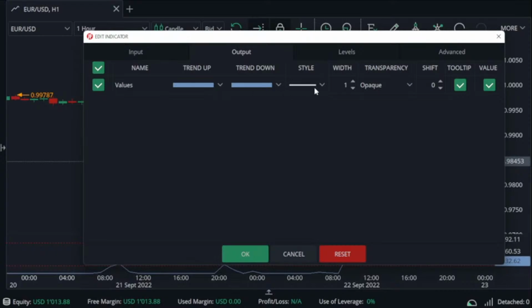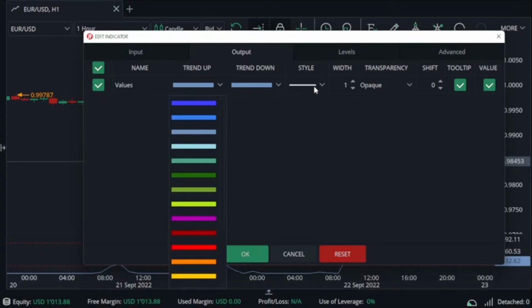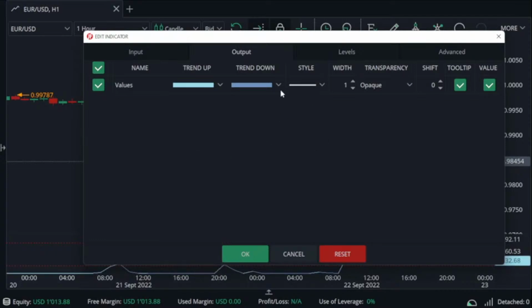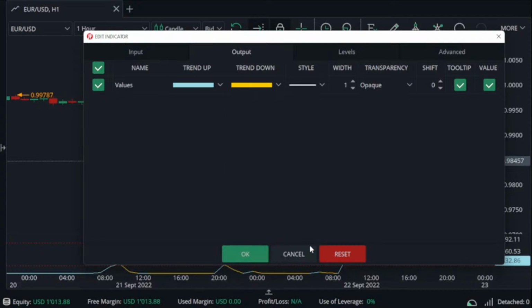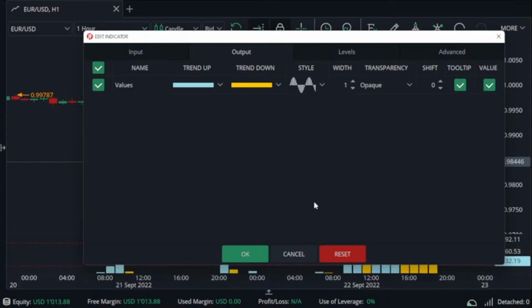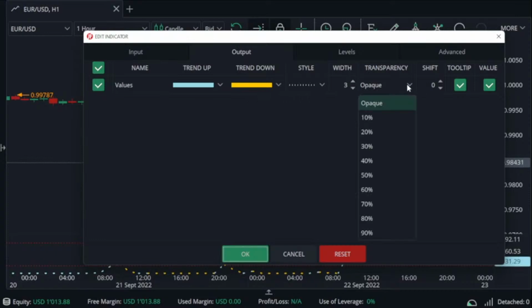Or you can color it the way you want. For that, you can go for these two different options: trend up color and trend down color. Styling can also be changed. Then you have this transparency option here. Suppose you want brighter colors with two different combinations for the styling, you can do that. You can go for a bar chart kind of structure, or you can go for a different style of line.